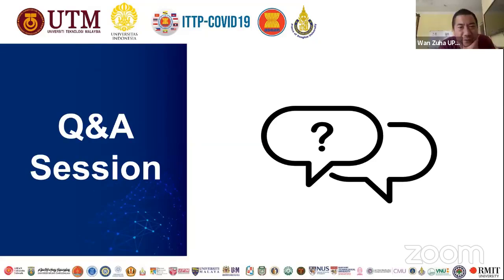Amran, I just have one question. Do you use RGB or RGBD? RGBD. The skeleton was derived from the RGBD image. You just mentioned RGB.